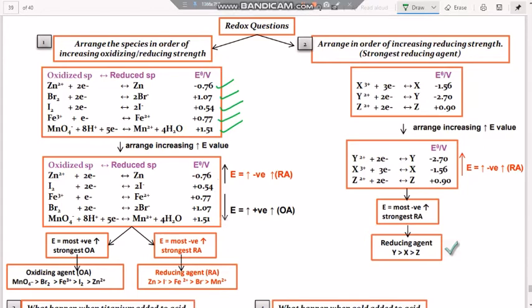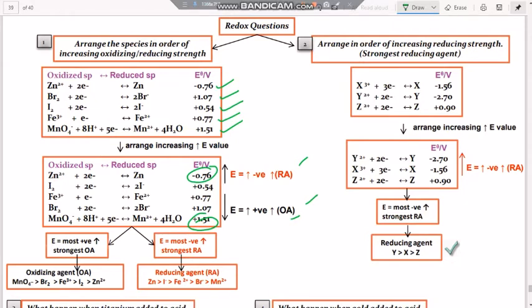If you arrange it, manganese is said to be a strong oxidizing agent, while zinc is said to be a strong reducing agent, because if the standard reduction potential value is very low, that is a strong reducing agent. High means a strong oxidizing agent. Between them the reaction is easy.